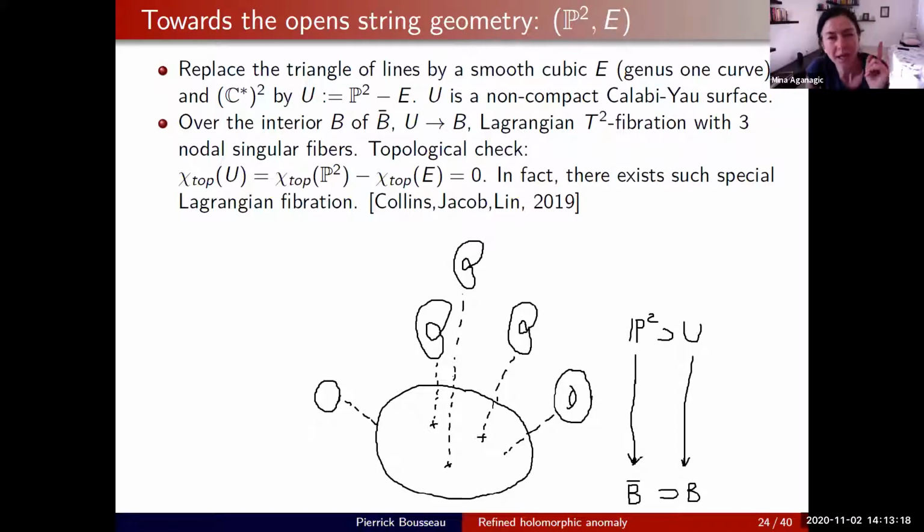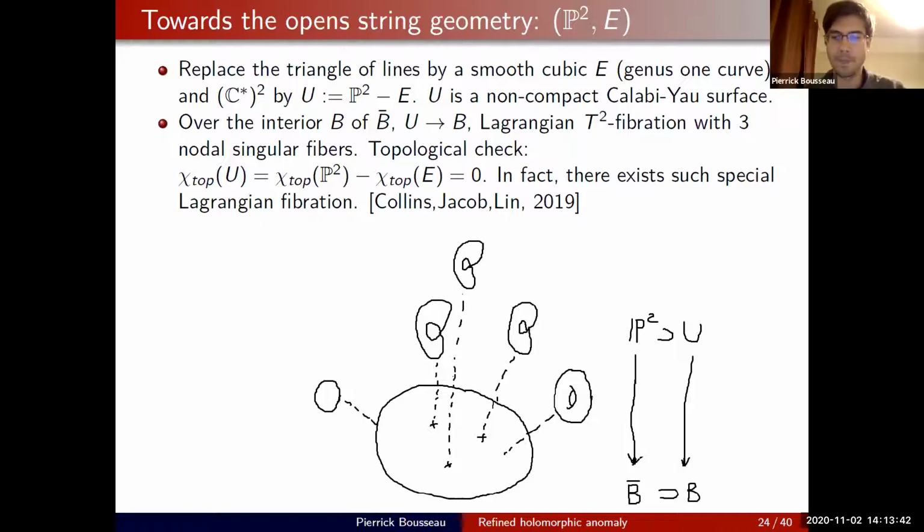So what you're doing, I think, is there's a paper of Cecotti and Vafa after Kontsevich and Soibelman came out, trying to explain what Kontsevich and Soibelman are doing in terms of a fibration on a spectral curve. Yeah, exactly. Oh, Cecotti and Vafa, that's right, not Ooguri and Vafa.